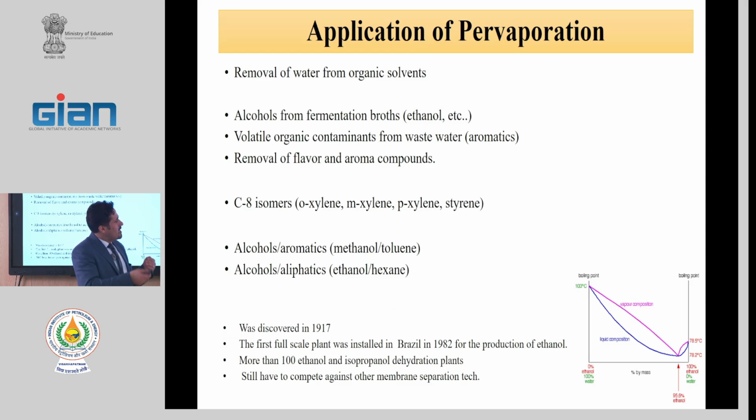In many organic reactions in petrochemicals, we need pure ethanol. Water is toxic for the reaction. For separation of this 4%, the famous technology now in the world is the pervaporation membrane.